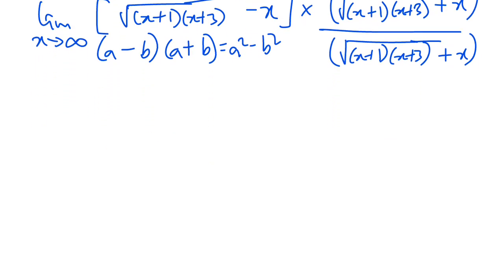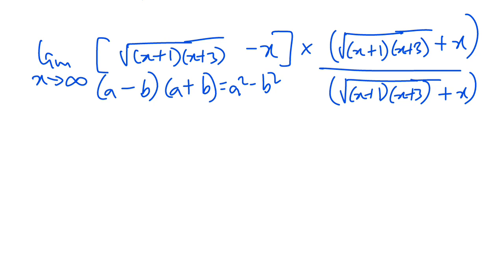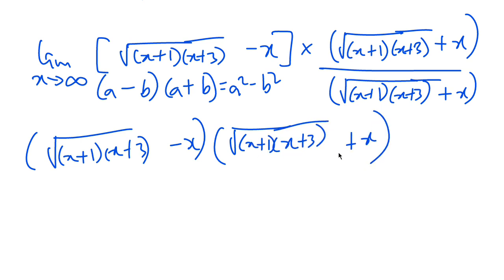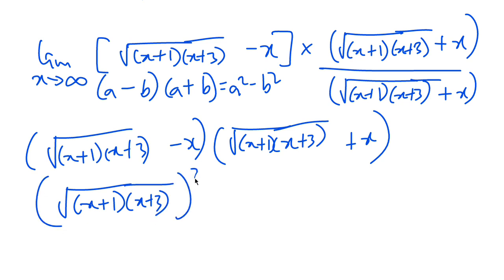Using the difference of two squares, since we have the square root of (x plus 1)(x plus 3) minus x, into the square root of (x plus 1)(x plus 3) plus x, what we're going to have is the square root of (x plus 1)(x plus 3) all squared, minus x all squared.